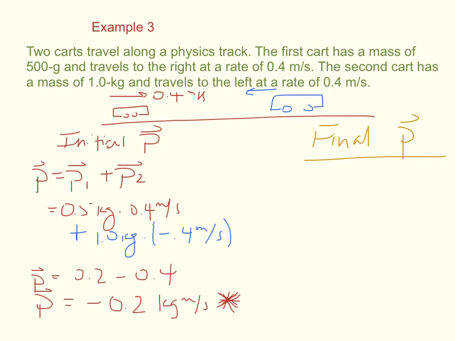So we can say that after they collide, the final momentum will also be negative 0.2 kilogram meters per second, and we will explore in class in greater detail what we can do with that information.